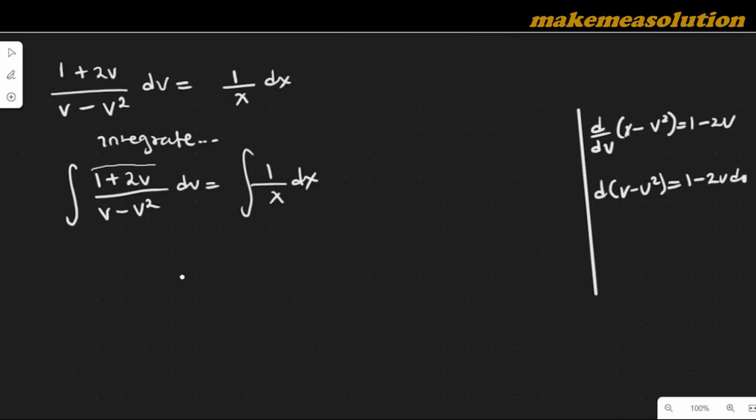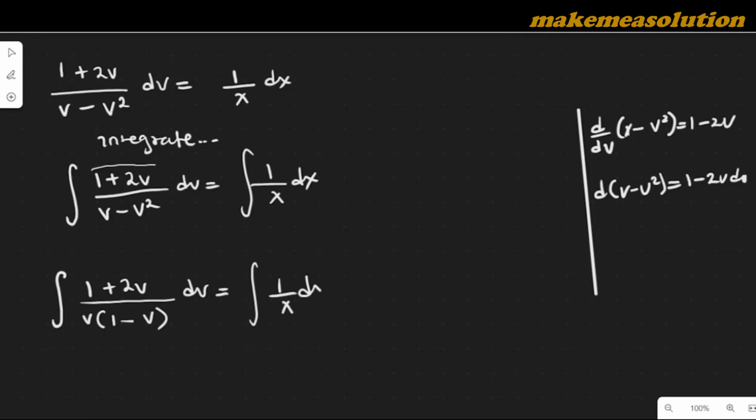Okay, now this is how we're going to factorize. We have 1 plus 2v over v into (1 minus v), where you take out v from here and it becomes 1 minus v, like this. So dv is equal to the integral of 1 over x dx.